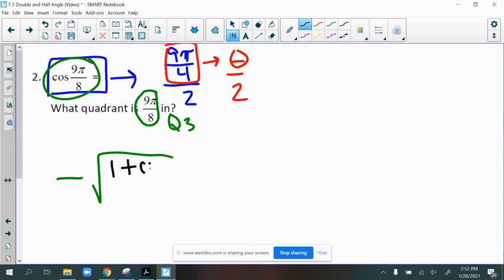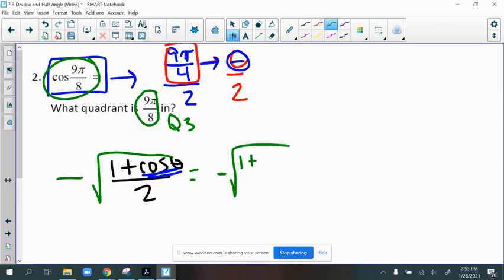All right. I'm going to then use the half angle formula, which, since I'm evaluating cosine, is the square root of 1 plus cosine theta all over 2. Now, what's different about this one is when I go to do cosine theta, I'm using this theta because I'm using the half angle. So this is going to turn out to be negative square root of 1 plus the cosine of 9 pi over 4, and that's something that we know, divided by 2.